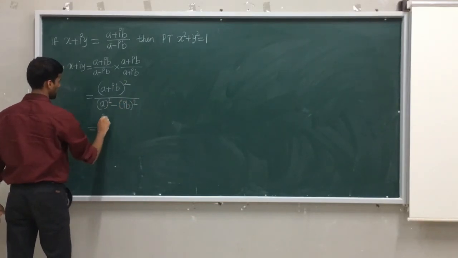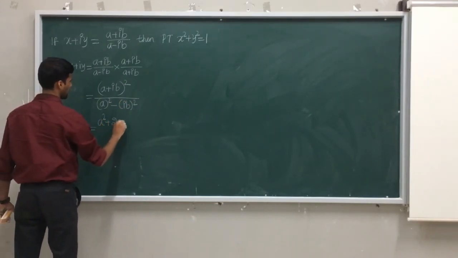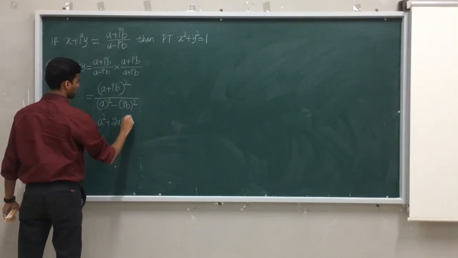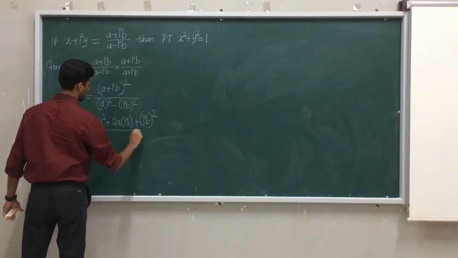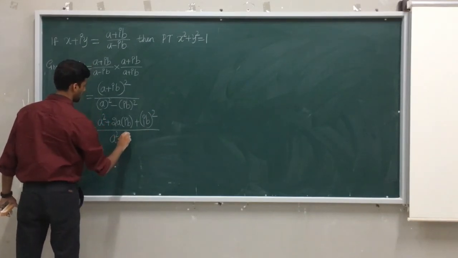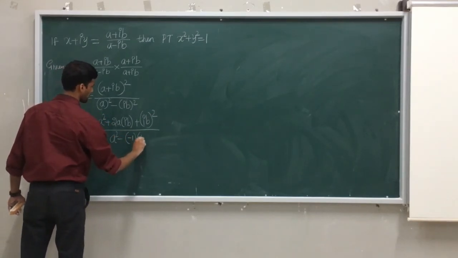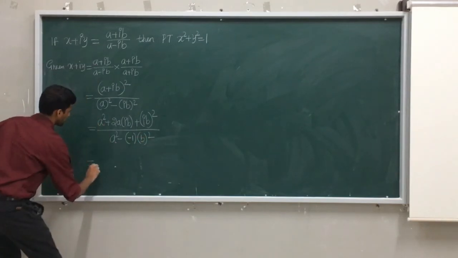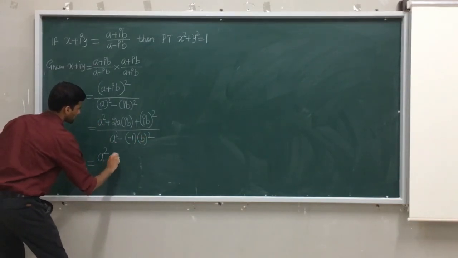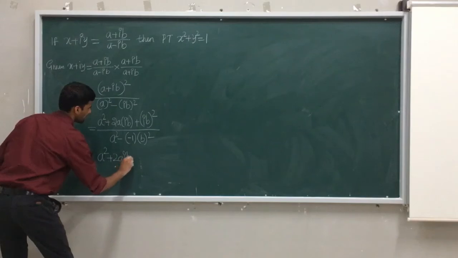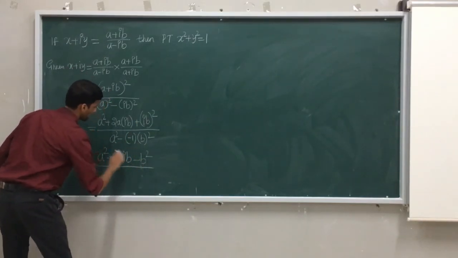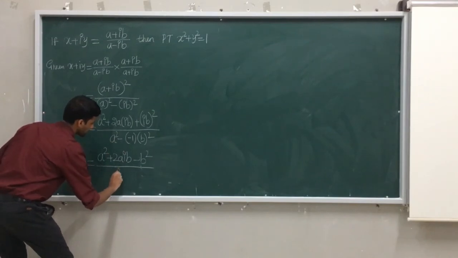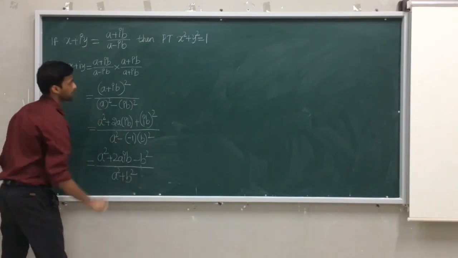So this becomes a square plus 2a ib plus (ib) the whole square. I square is minus 1, so it is minus b square, upon, minus minus becomes plus, a square plus b square.